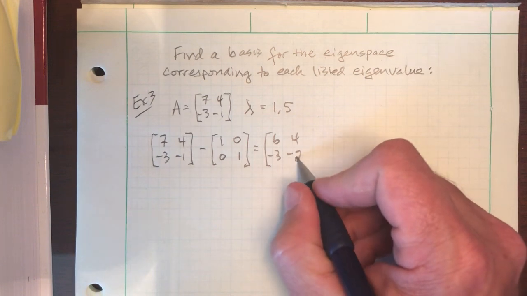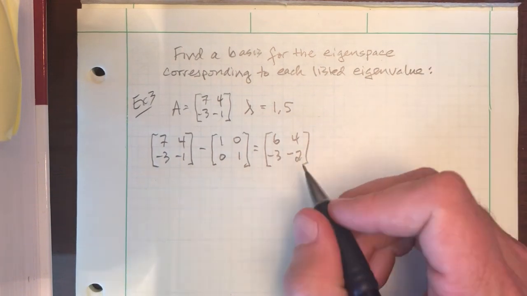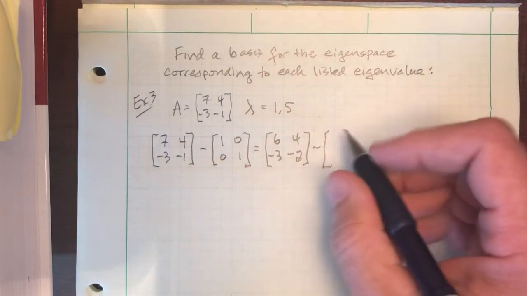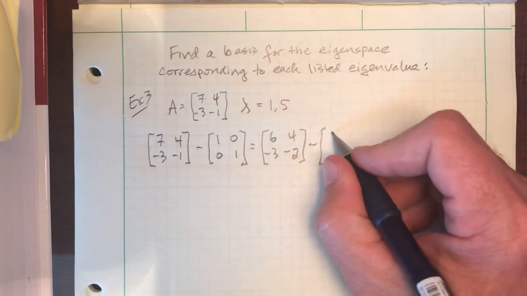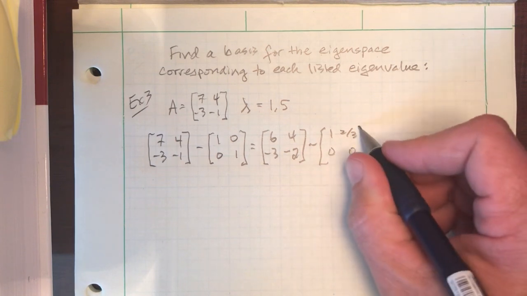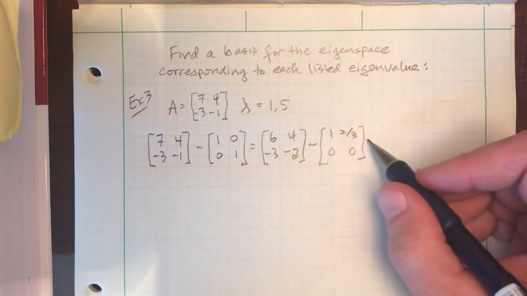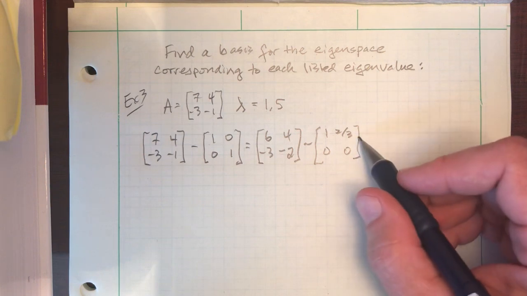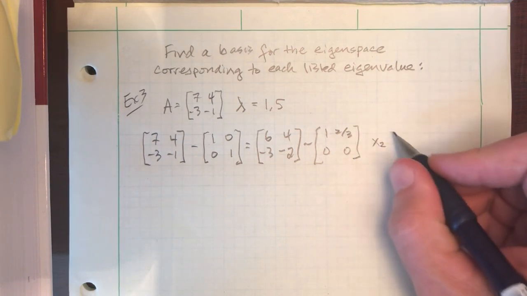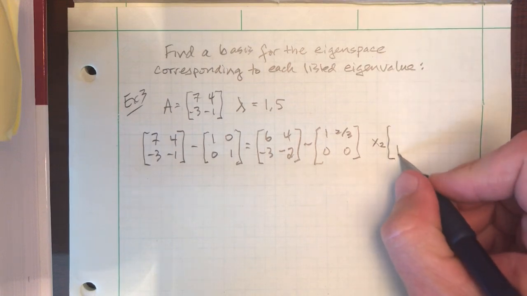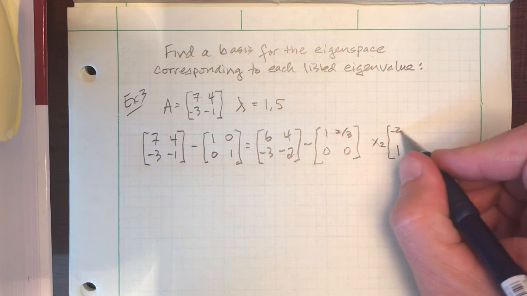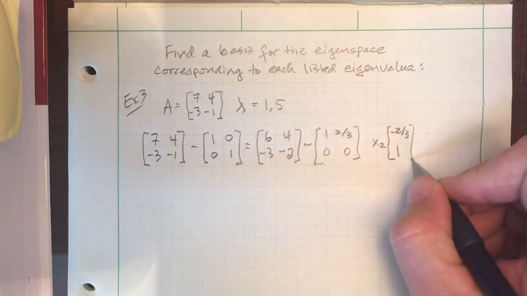And good. Quickly row reduce for you. You get 1, 2/3, 0, 0. Again, let's see if we can quickly get there. That would give me a free variable of x2, leaving a 1 down there, and then the top x1 would be negative 2/3, if you can follow that.